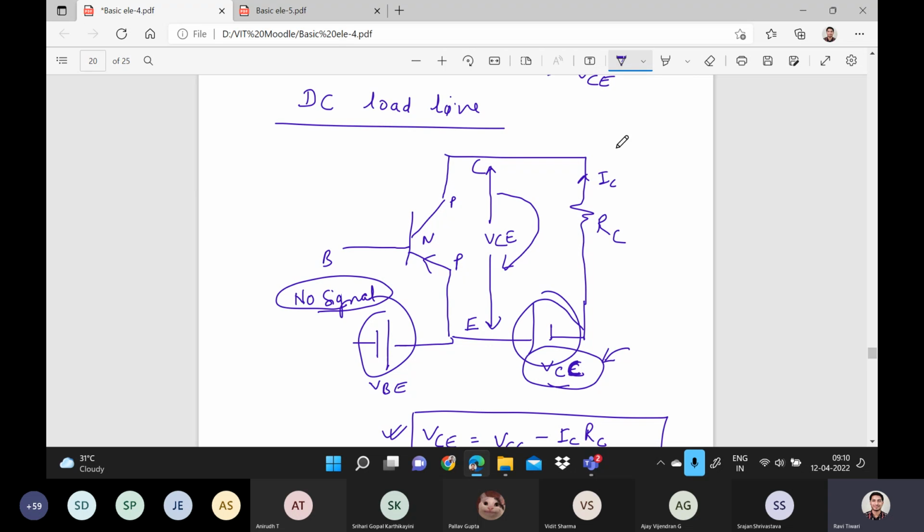But there will be some resistance across the collector, so there will be some drop across this resistor. If you have to find the voltage across the collector and emitter, you subtract the RCIC drop from the output side voltage that you are providing. That will give the value of VCE, the voltage across the collector and emitter junction.